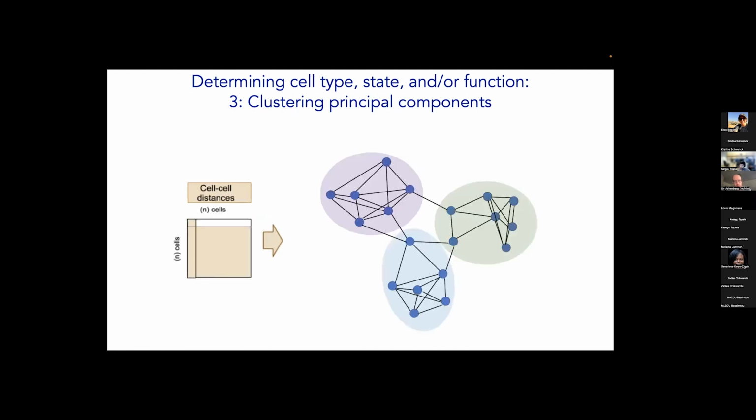Okay. And so now, once we've built this graph and things are connected by their shared nearest neighbors, we can start to do clustering on that graph. And the reason we've gone from distances to a graph is this lets us work with different levels of distances.